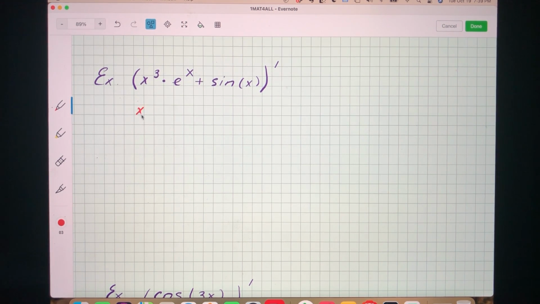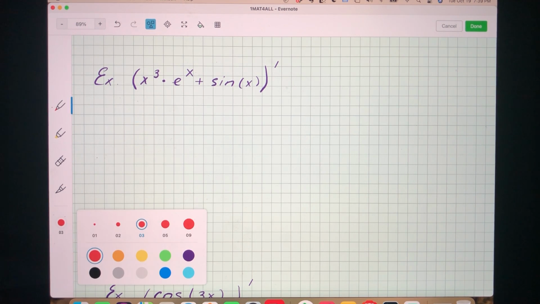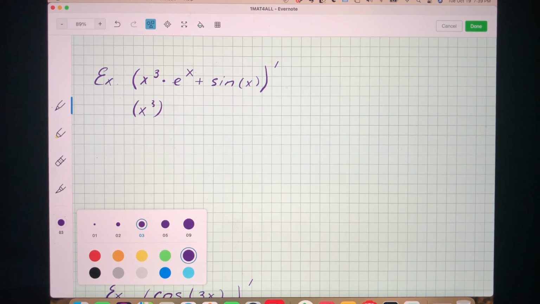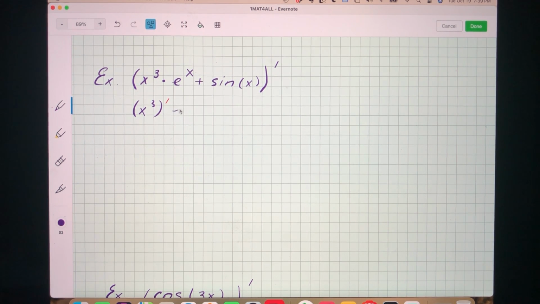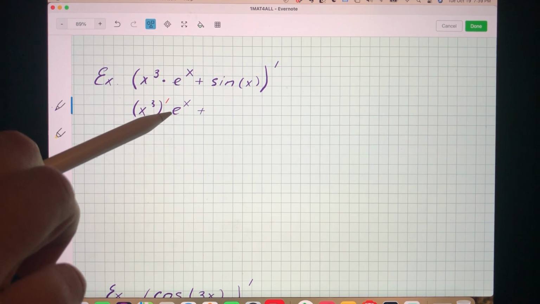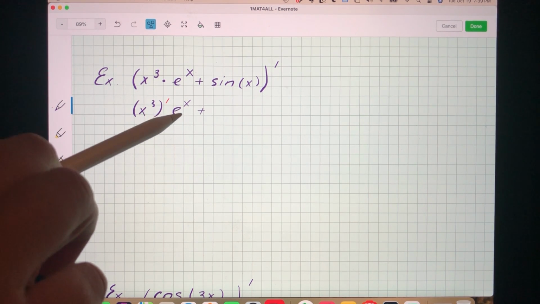This means we take a derivative of x, I'll change the color, we take a derivative of x cubed, and then we are keeping e to the x, plus, with a product rule, we take a derivative of the first times the second, and then we keep the first and take the derivative of the second.